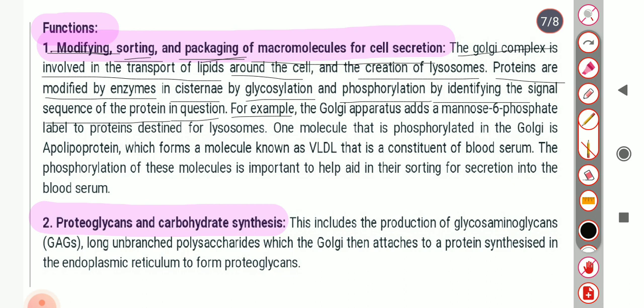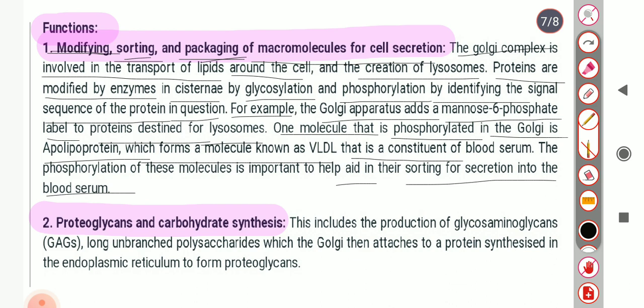For example, the Golgi apparatus adds mannose 6-phosphate label to proteins destined for lysosome, and one molecule phosphorylated in the Golgi is apolipoprotein, which forms the molecule known as VLDL, a constituent of blood serum. The phosphorylation of this molecule is important to aid its sorting for secretion into the blood serum.